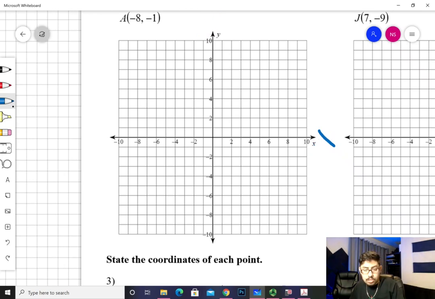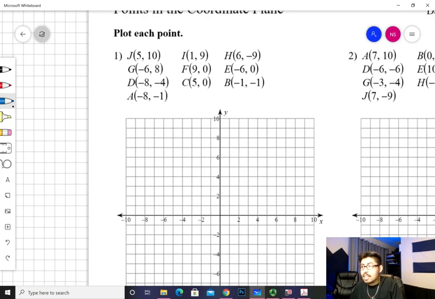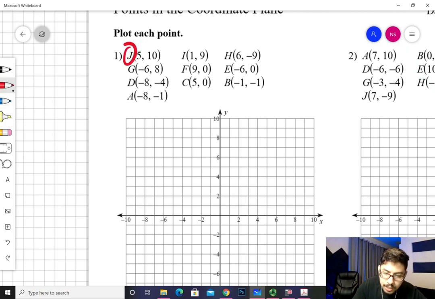How about we start learning how to read and write points, aka ordered pairs, aka coordinates. It's all different wordings, but we're just going to deal with points. So, the first thing is how to plot points. That's what we need to learn first. In this specific case, they give us a whole bunch of letters, and they want you to plot each letter somewhere, specifically at its coordinates, like 5 and 10.